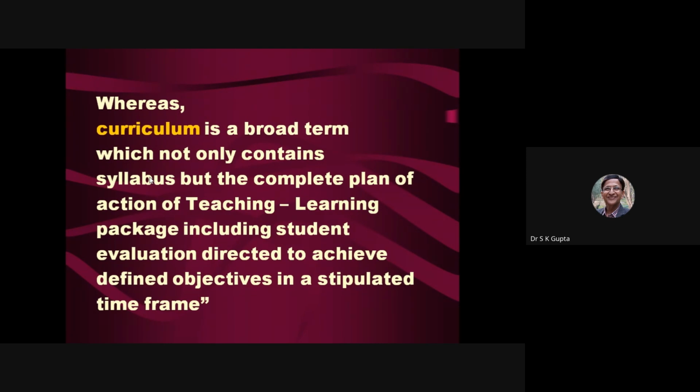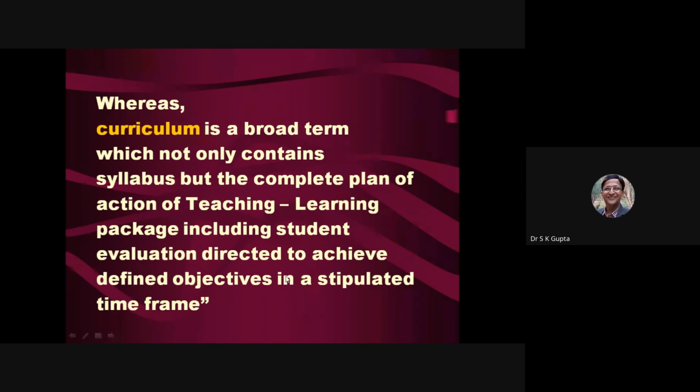Then what will be the equipment? That also we give in our curriculum. Based on the labs, we also write in the curriculum that these are the minimum equipment and tools which are required for the implementation of the curriculum.